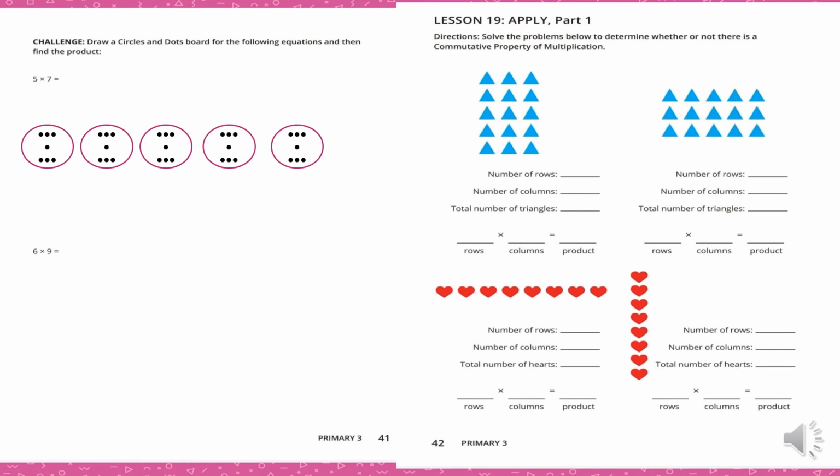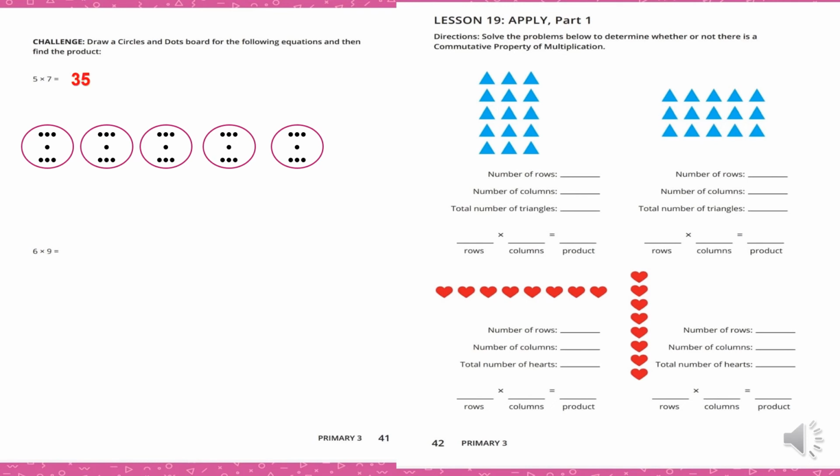Okay, so I have here 7 repeated 5 times. So I draw 5 groups, and inside each group 7. I will take one number for the number of groups and another number for the dots. So I choose 5 for groups. There are 5 groups. Inside each group I have 7.